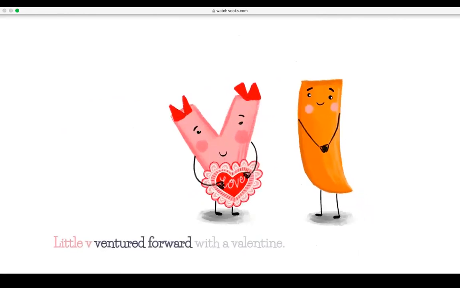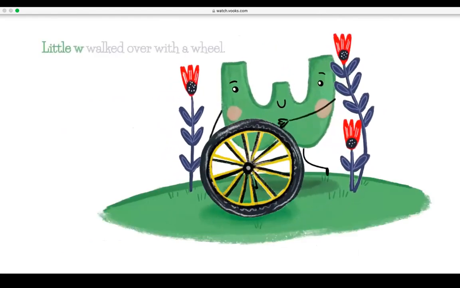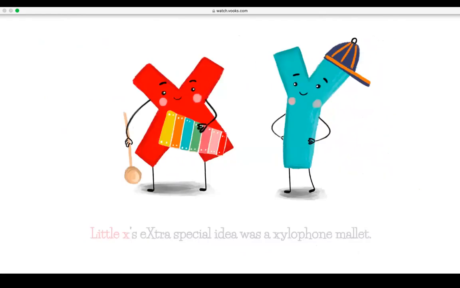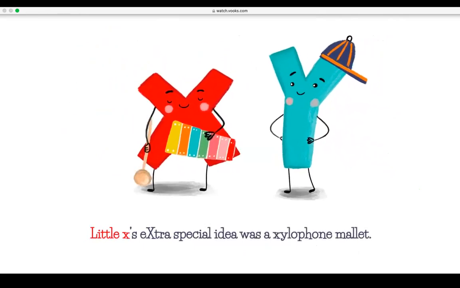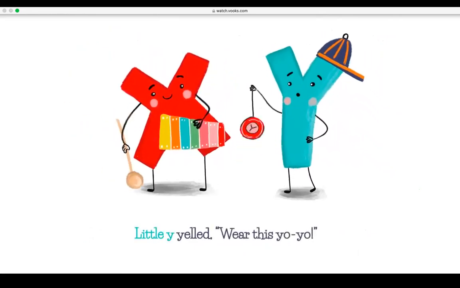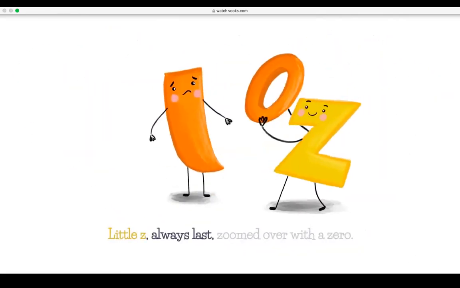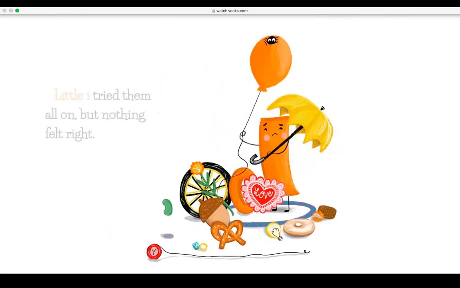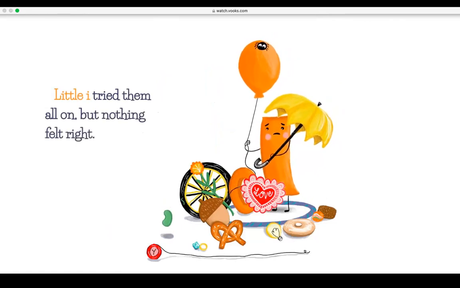Little V ventured forward with a valentine. Little W walked over with a wheel. Little X's extra special idea was a xylophone mallet. Little Y yelled, Wear this yo-yo! Little Z, always last, zoomed over with a zero. Little I tried them all on, but nothing felt right.